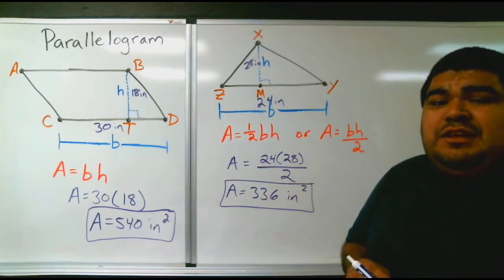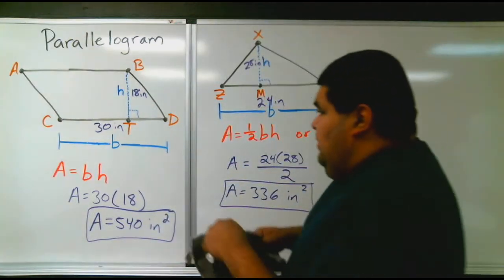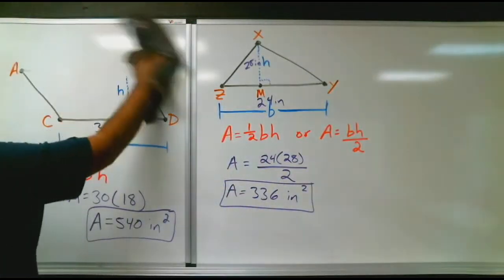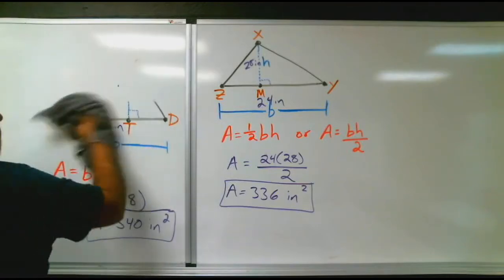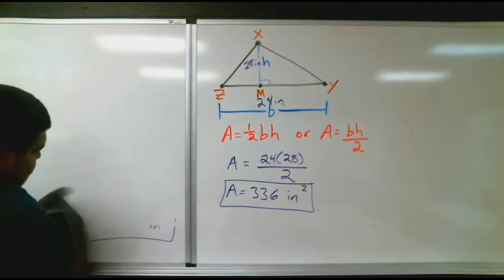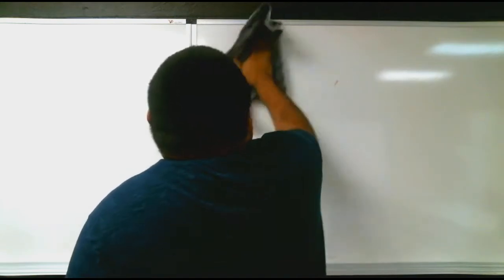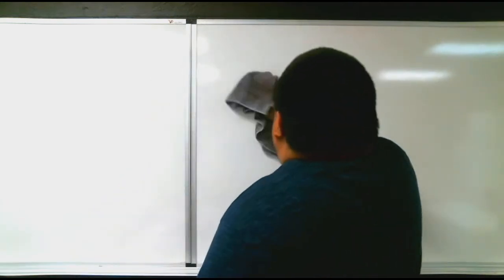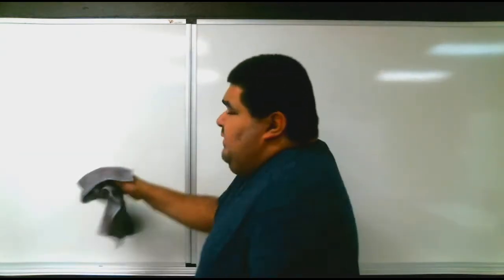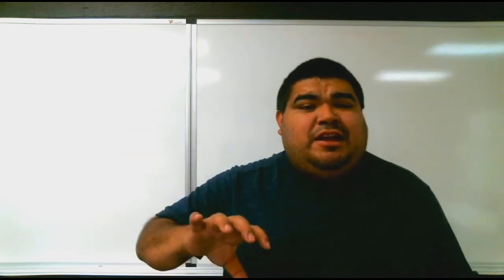Alright guys, here's your assignment for today. I'm going to tell you what kind of shape it is, and I'm going to tell you the base and the height. You not only have to solve for it, but you have to draw it and label it: which is your base, which is your height, and put your numbers in there.